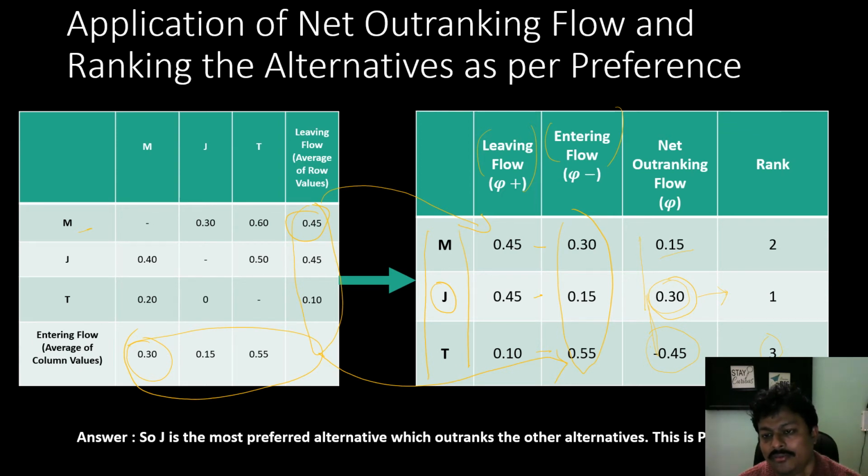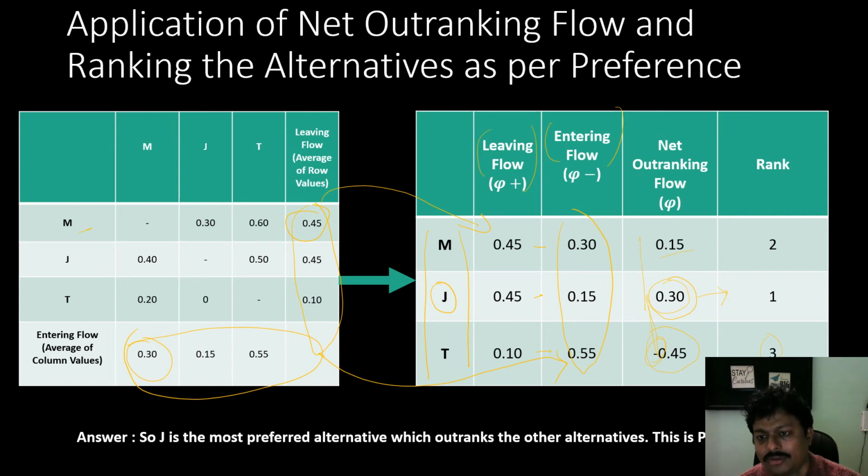So while comparing the net outranking flow of all the alternatives, consider the sign. If there is any negative number in the net outranking flow, it cannot overtake a positive number. Here the values are considered along with the sign, not the absolute value or only the magnitude.